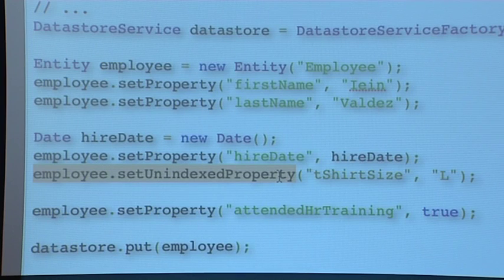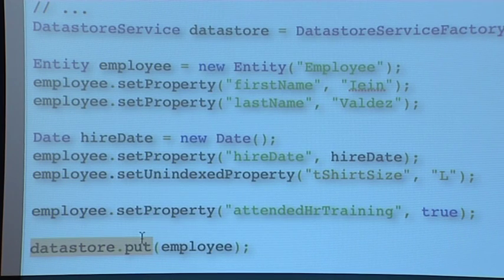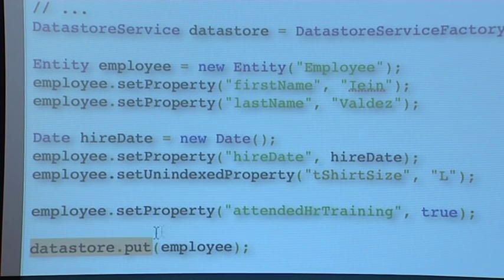Maybe I don't want to search on t-shirt size, it's not important to me, so I can set it as an unindexed property. And you can, of course, change this later. Then I set a Boolean value, and then I just write put. So I create the entity, and then I put it, and it just works. It's pretty simple. There's not any complicated stuff going on here.